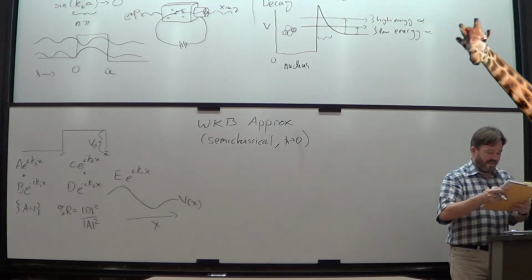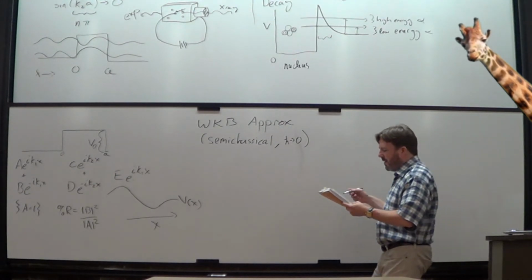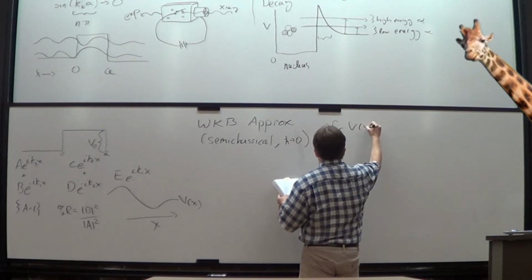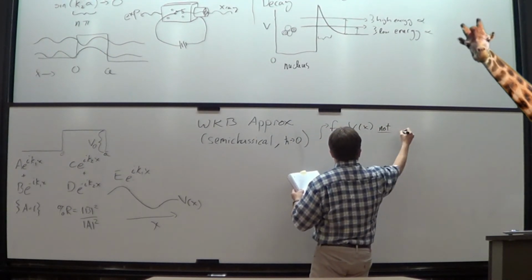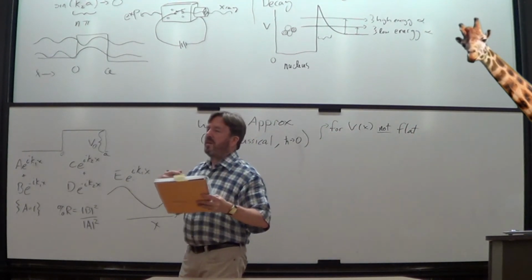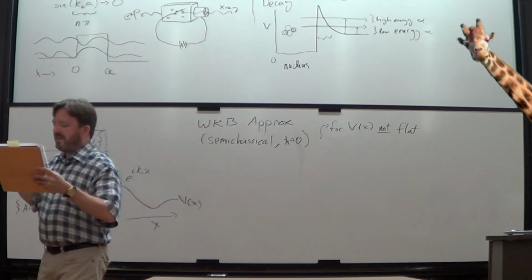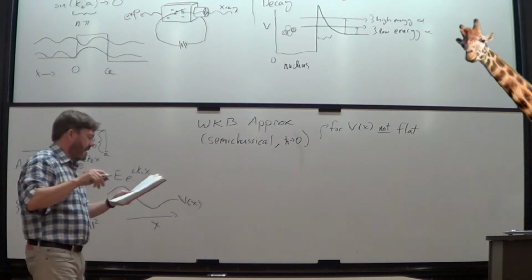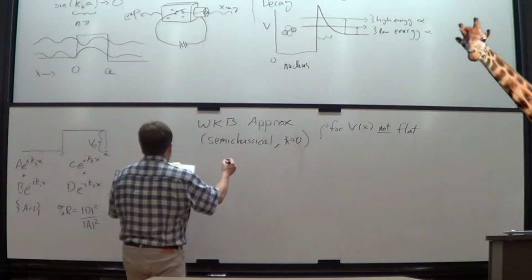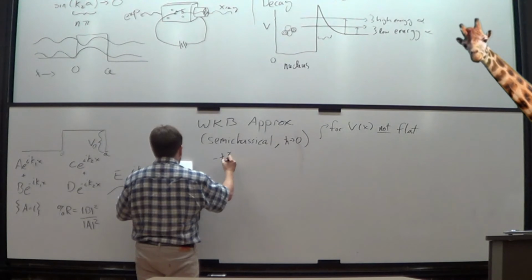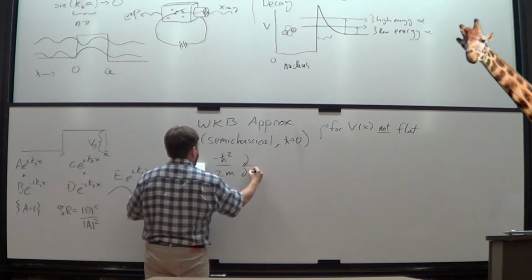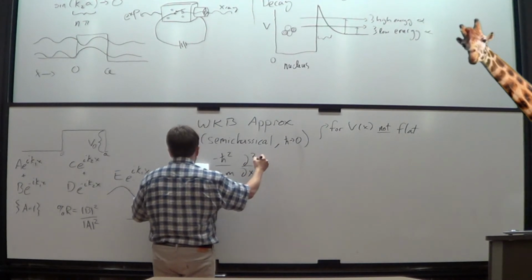And physicists are kind of obsessed with this. Okay. So again, for V of x not flat. What I'm going to show you, though, is that this approximation is perfect for when the potential is flat, and that just means that I'm comfortable with it. That's all that means. Okay, so let's start out with this thing, and again, I will make it easy by not going past x, because that's all we need to do.